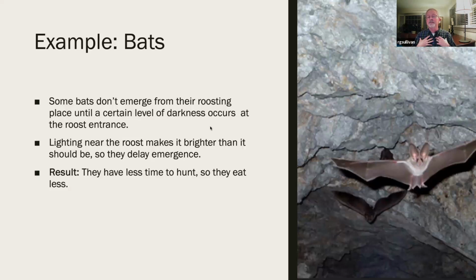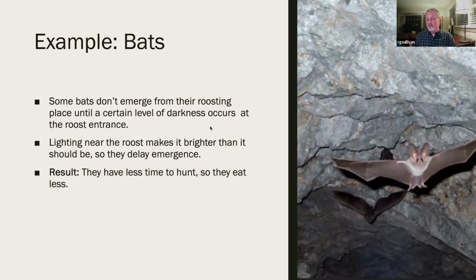So if you have a bunch of lights around the entrance to their roost, they are not going to come out early enough to have exposure to prey all night long, as they would if there were no lights. And it clips them on the other end too.